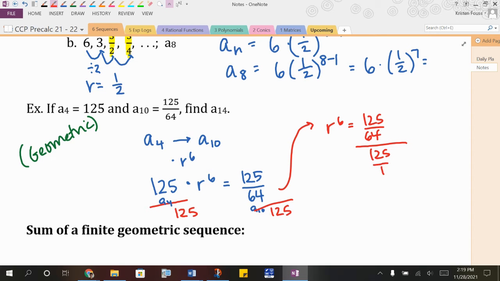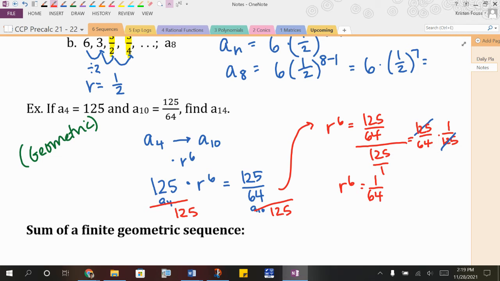Dividing by a number is the same as multiplying by its reciprocal. So 125 over 64 times 1 over 125. So you can see that these 125s are just canceling. So it looks like r to the 6th is 1 over 64.